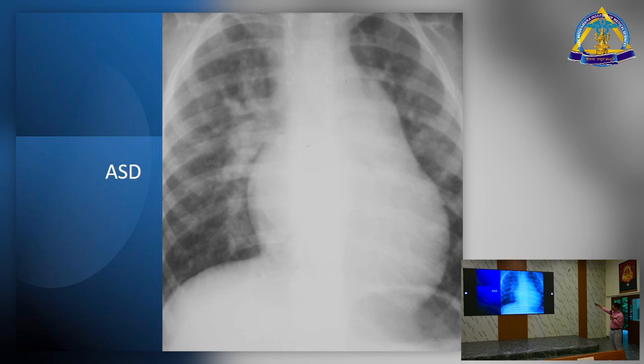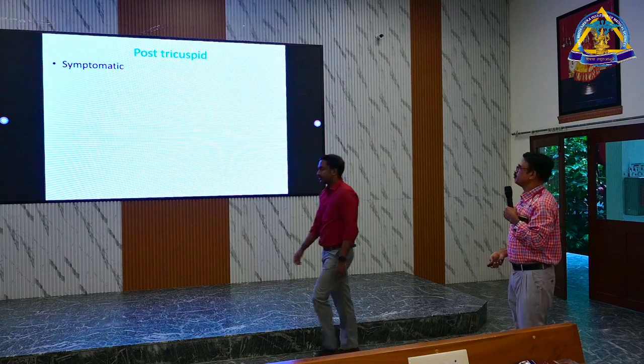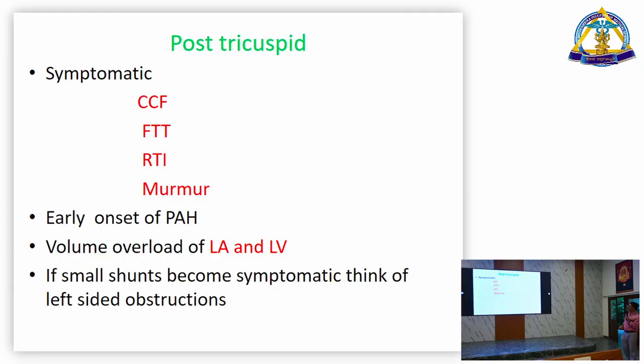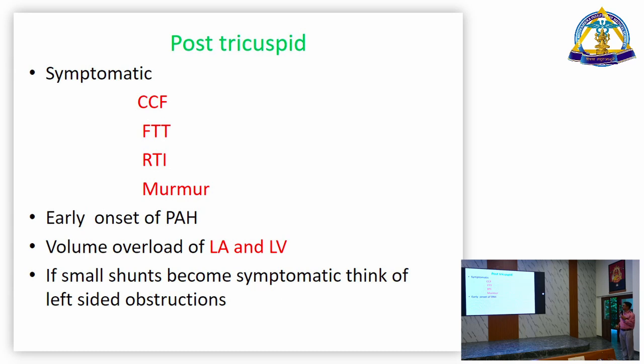And what is that prominent thing? That is the main pulmonary artery getting dilated; that is the bulge you are seeing on the left border. So in a pre-tricuspid shunt, we have told all these things: recurrent respiratory infection, CCF, murmur, and a clear chance of pulmonary hypertension because of increased blood flow.